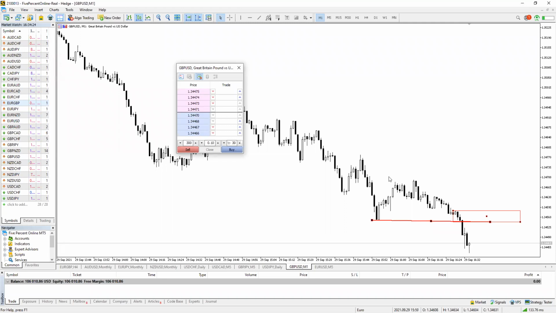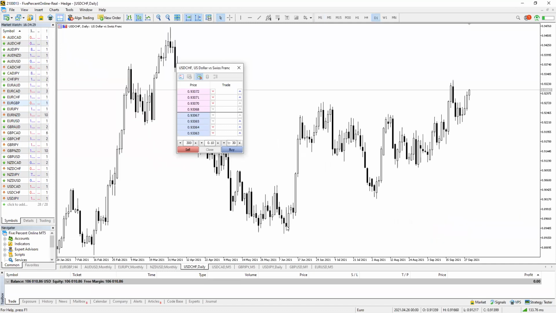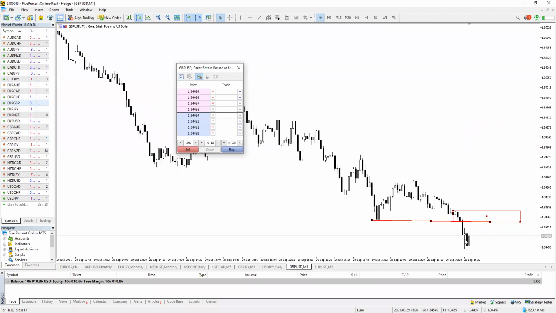Barry, so I started explaining my view on the dollar, which is just strengthening. So I'm just looking for opportunities to buy USD right now. So on the dailies we had this break and the retest of the breaking area and continuation higher. So that same principle of break, retest to demand and continuation, that's what we're trying to apply here on the 1 minute chart.